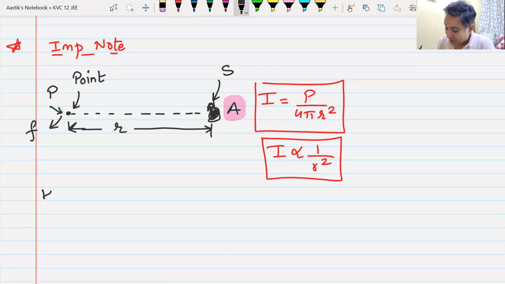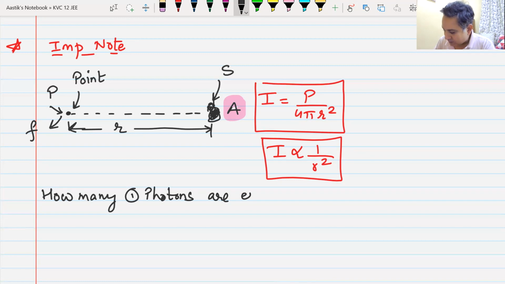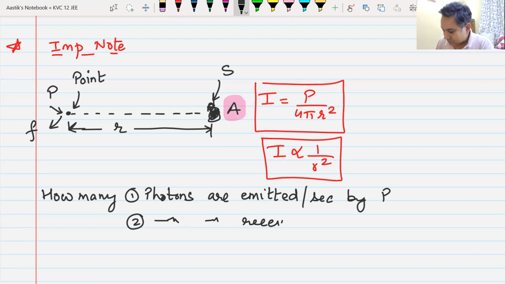Now I ask you, number one, how many photons are emitted per second by point P? And number two, how many photons are received per second by the point A? A is at a distance of R.